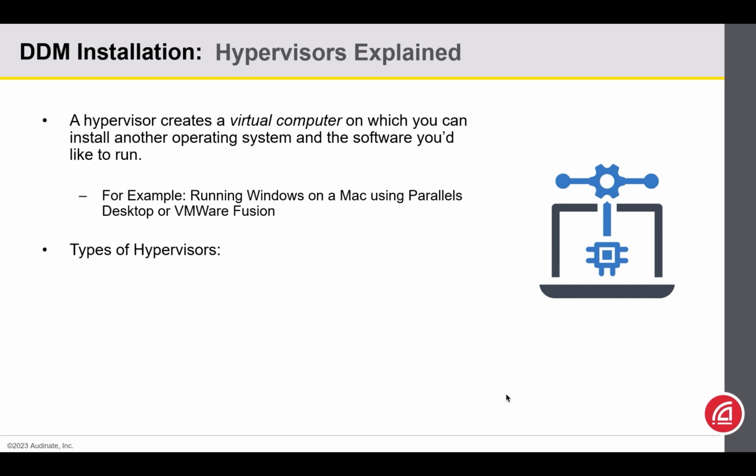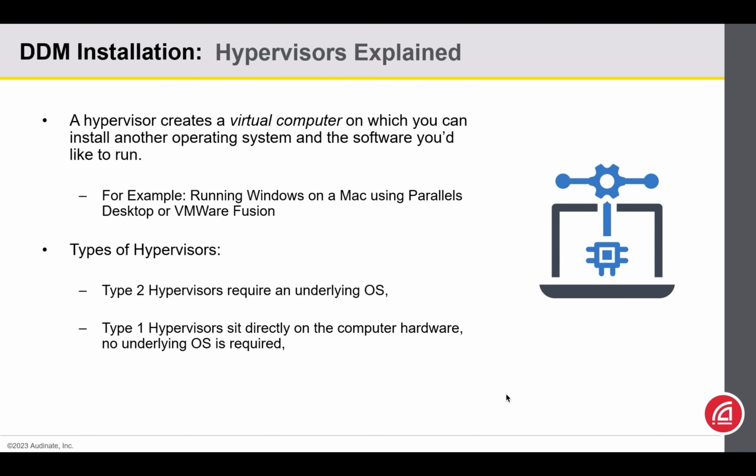This can either be native or Type 1, where the hypervisor is installed directly on the hardware, or hosted, also known as Type 2, when the hypervisor is installed on an OS platform. An example of a Type 1 hypervisor is VMware ESXi or Microsoft Hyper-V. Popular Type 2 hypervisors are Oracle VirtualBox or Parallels Desktop.